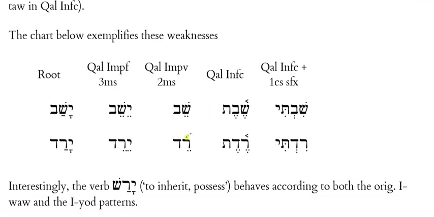Taking yashav, again with the meaning of to sit, and yarad, which is to go down. All right. Here's what we get in the Qal imperfect. Yeshev, here I'm seeing roots 2 and 3. Root 1 is actually missing.